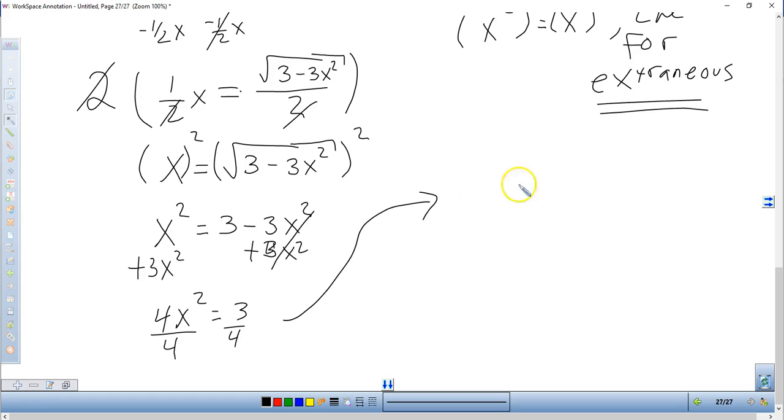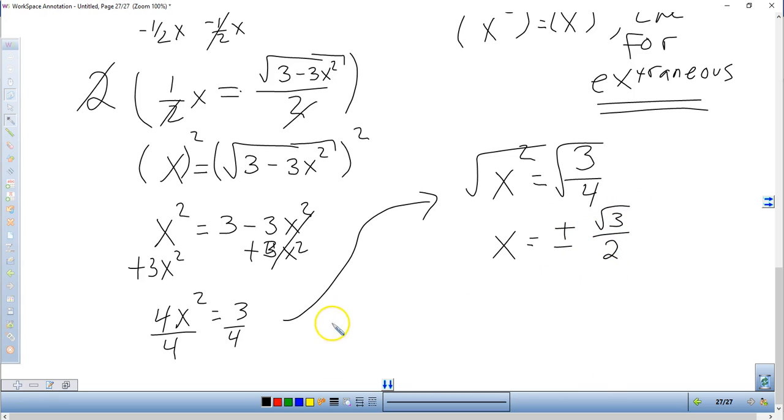Continue it right here. So we're going to keep scrolling down. x squared is equal to 3 over 4. Square root. x is equal to plus or minus root 3 over 2. So my choices are, it can either be root 3 over 2, or it could be negative root 3 over 2, or it could be both.